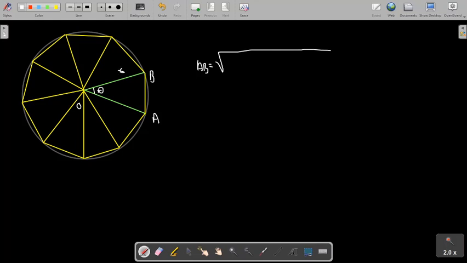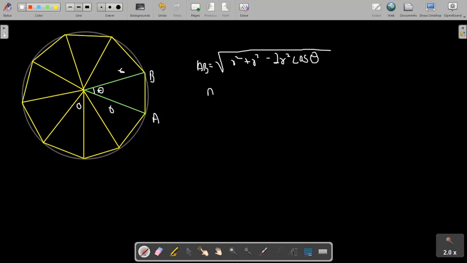In this case, since it is an isosceles triangle, we have to take the first and the second side as r, so we'll take r squared plus r squared, that is the radius, minus 2 times r times r, which is r squared, times the cosine of theta.